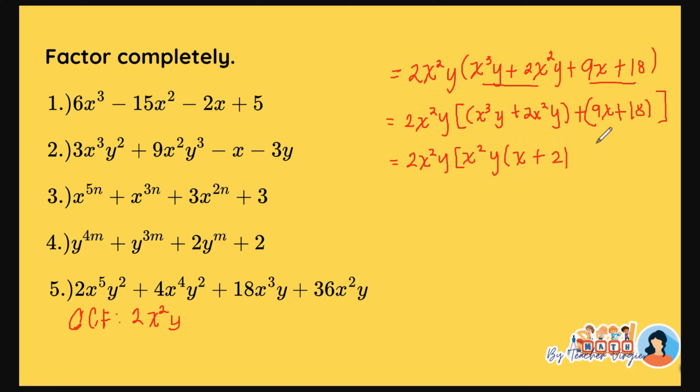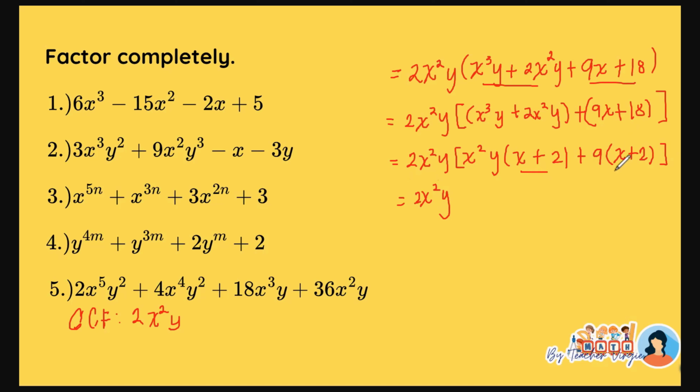Okay, then the second group, the GCF of 9x plus 18, is 9. So we have x, then 18 divided by 9 is 2. All right, so let's copy the first GCF, 2x squared y.